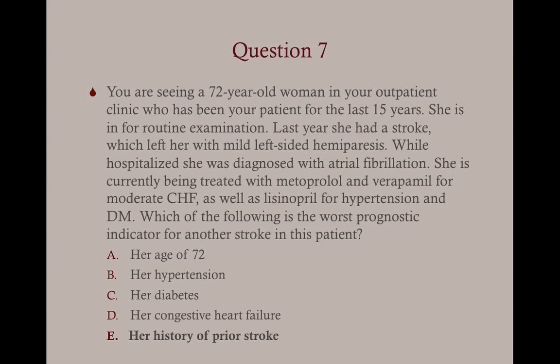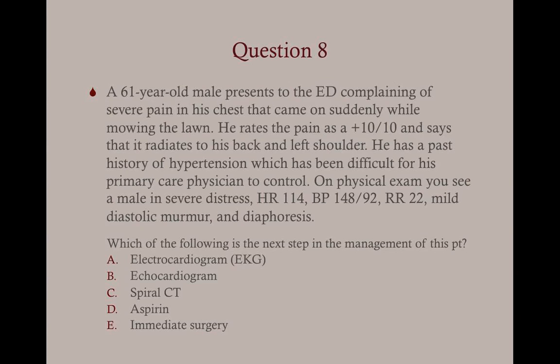Okay. So question 8. A 61-year-old male presents to the ED complaining of severe pain in his chest that came on suddenly while mowing the lawn. He rates the pain as a 10 out of 10 and says that it radiates to his back and his left shoulder. He has a history of hypertension, which has been difficult for his primary care physician to control.